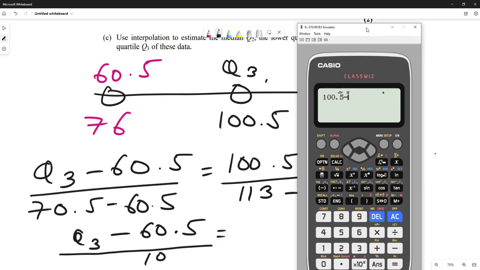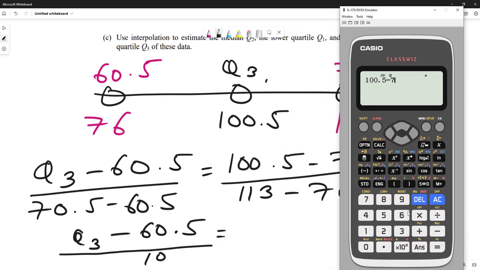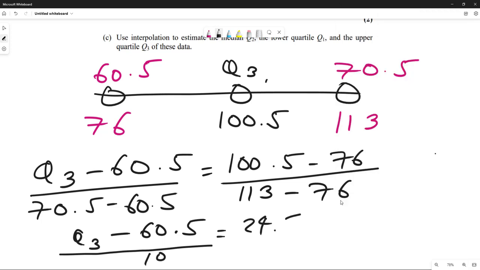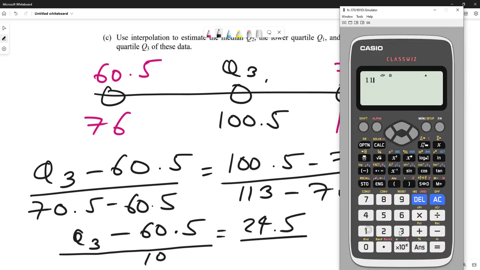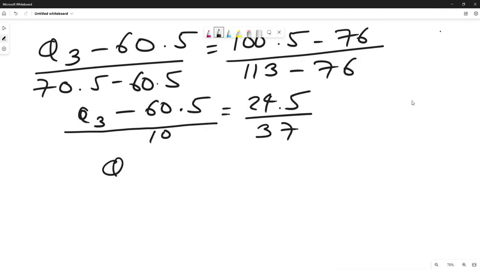So 100.5 minus 76 gives me 24.5. And then we're going to do 113 minus 76, which gives me 37. Before we're going to manipulate the formula.